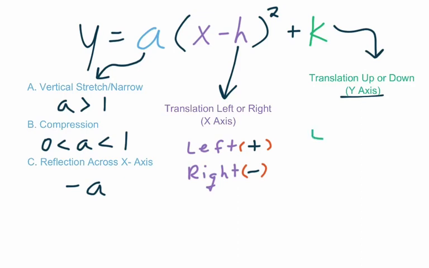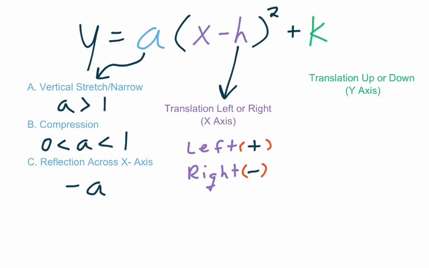You move left if the K is a negative value, and you move right if the K is a positive value. We're going to have to remember that, because you kind of flip it around for your H and your K. I'll show you some examples on why this works out real quick. But if it's positive on the K, you move right. If it's negative, you move left. It's the opposite with your H value.